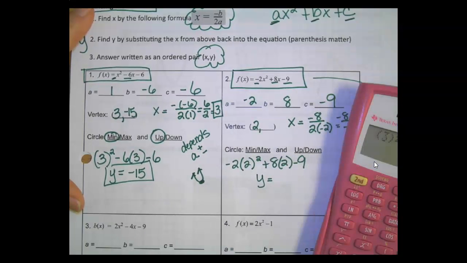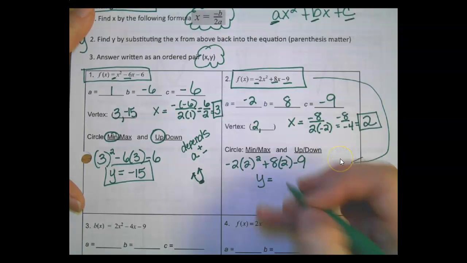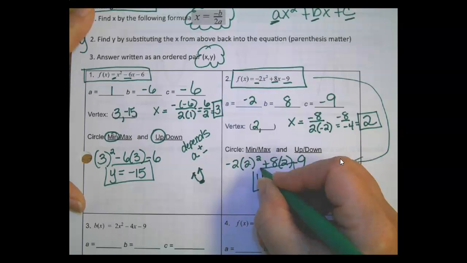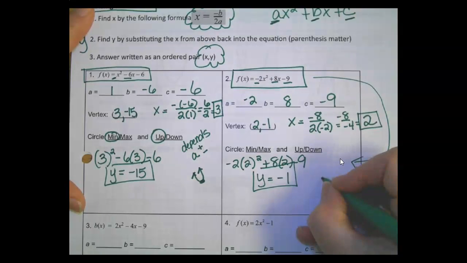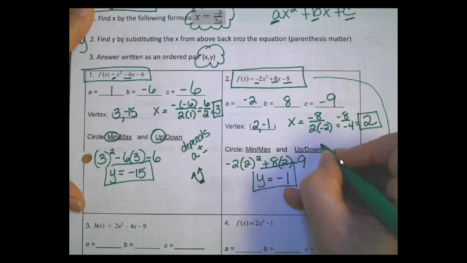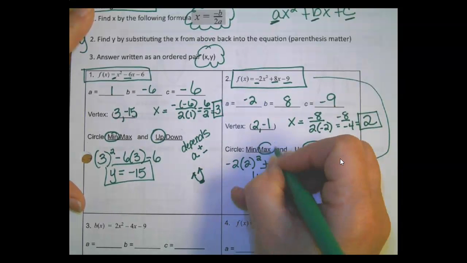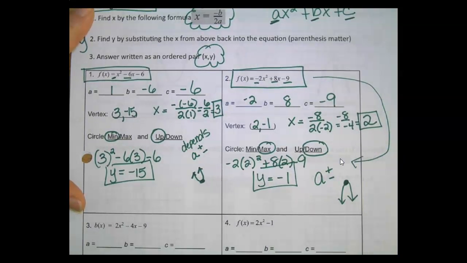And then again, I use my calculator, negative 2 parentheses 2 squared plus 8 times 2 minus 9, and I get a negative 1. So that's my ordered pair. Now, is my A positive or negative? It's negative. If it's negative, it's going to go downwards and have a maximum because it's going downwards, and here's my vertex, and that's a maximum value.